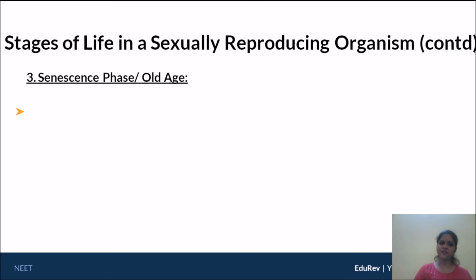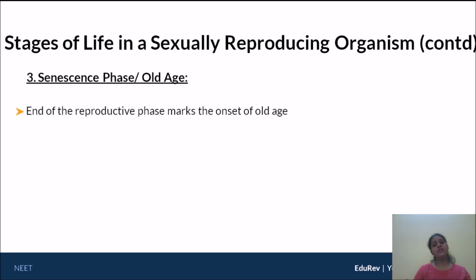Now coming to the last phase, that is senescence or old age. Okay, now obviously we can say the end of the reproductive phase should demarcate the onset of old age. But there's a small problem with this. Many females undergo menopause, which is the end of the menstrual cycle or rather menstruation, maybe say even at the age of 40.